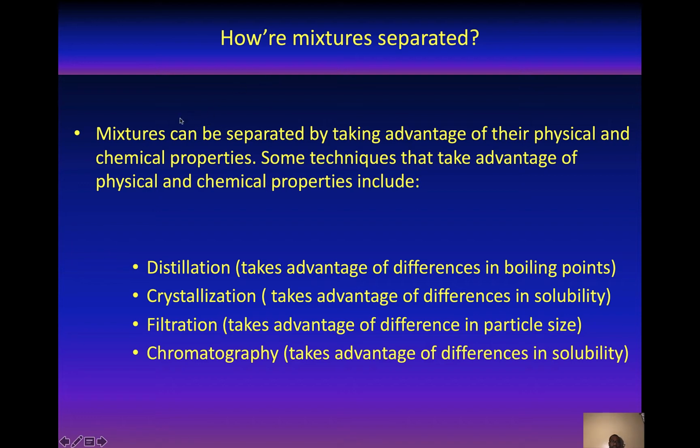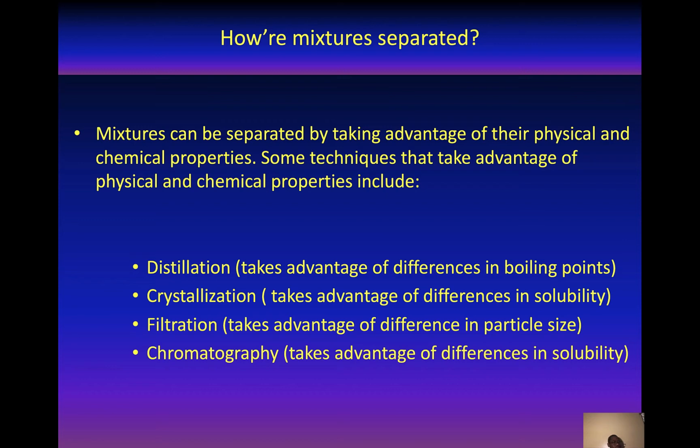So generally, mixtures can be separated by taking advantage of their physical and chemical properties. Some techniques that do this include distillation. Distillation takes advantage of differences in boiling points. If you have a mixture of liquids, these liquids would have different boiling points.